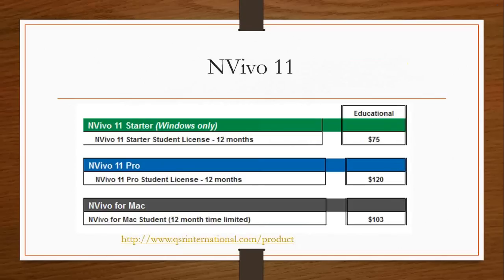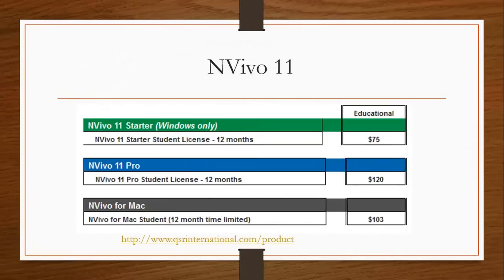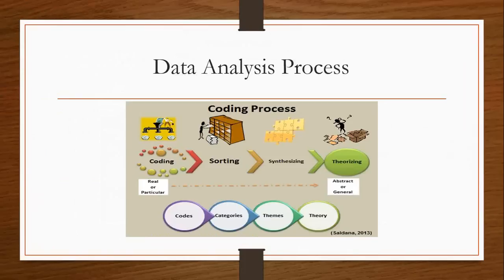If you want to use the software, I'd advise you buy the Pro, which is $120 per year. Also, if you are using Mac, they have different software for that, and the functions are a little bit different. The price is $103. This is the student price for the software.